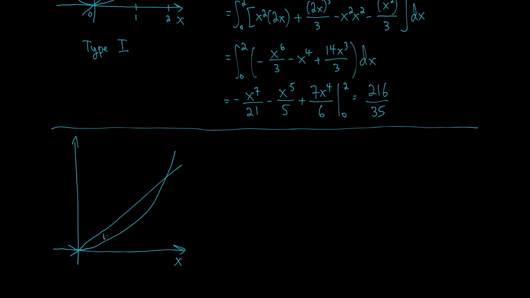So this is still going to be D, and I'll instead call this x equals the square root of y, and I will call this x equals half y for my line, and my point of intersection is still (2, 4). So now I've got two x equals functions of y. So I go from left to right. So for my inner integral, I'm going to be plugging in for x now. So this is now type 2.